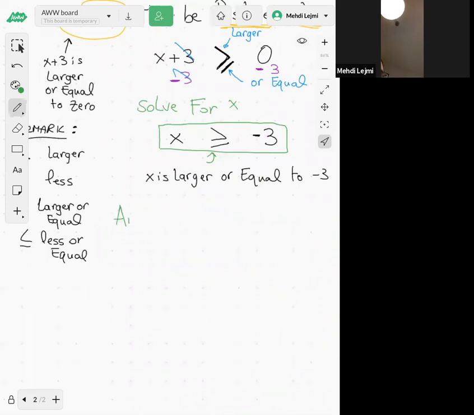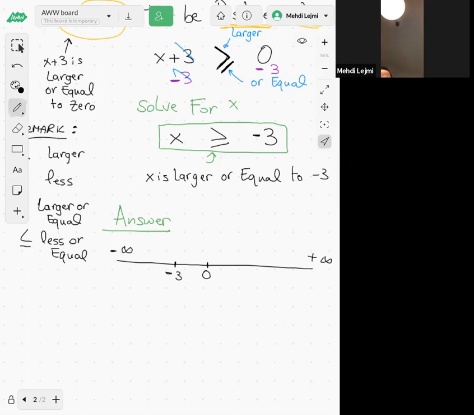I'm gonna use again my number line just to clarify things here. So this is my negative infinity. Here's my positive infinity. You can put 0 if you want, etc. I'm gonna need the negative 3. It's very important here.